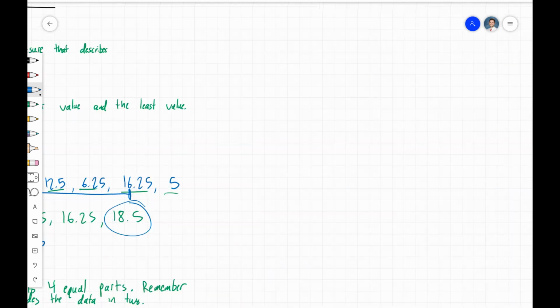Let's look at test scores. One student has test scores of 80, 82, 83, 83, and 84. So out of these 5 test scores, the range, 84 minus 80, is 4.